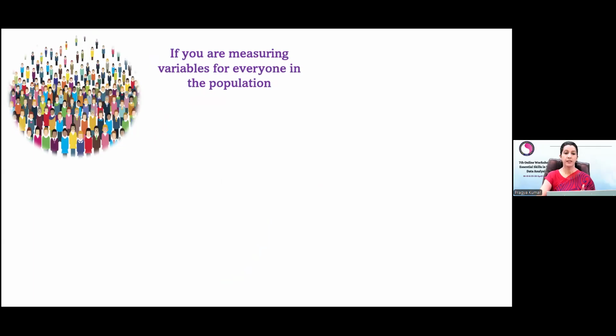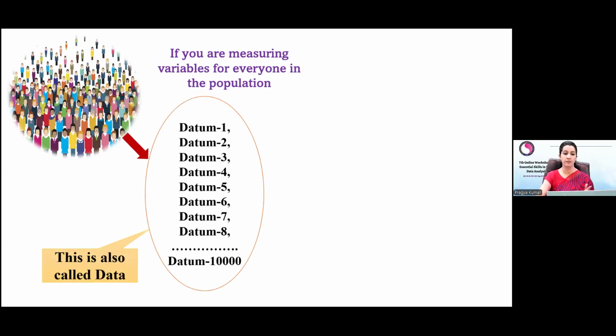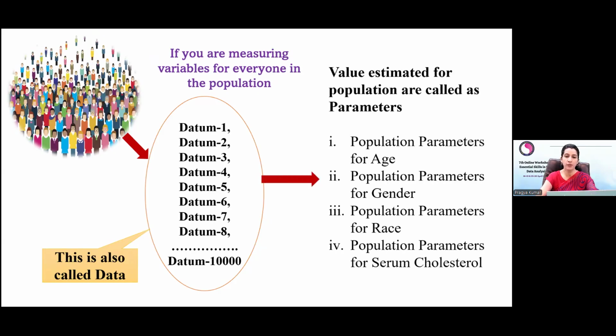And then for a hypothetical situation, if you measure everyone in the population, suppose it is 10,000, then that value, the statistics, is known as the parameter.